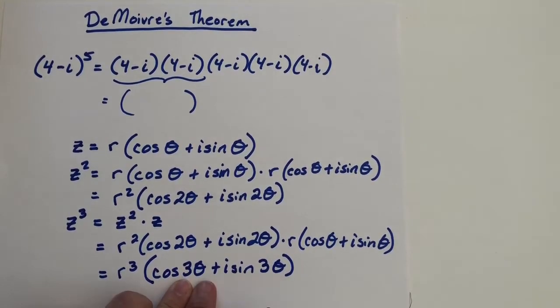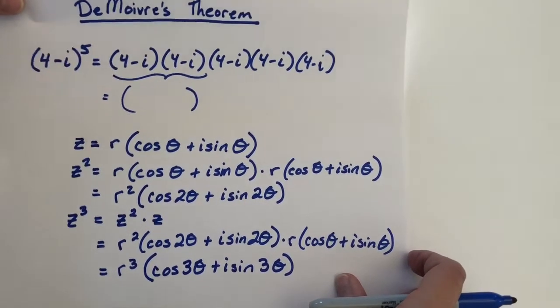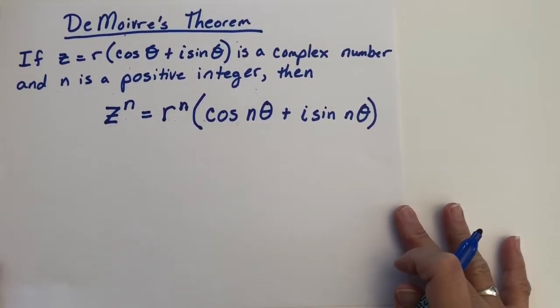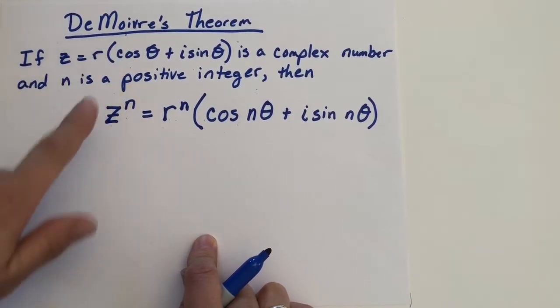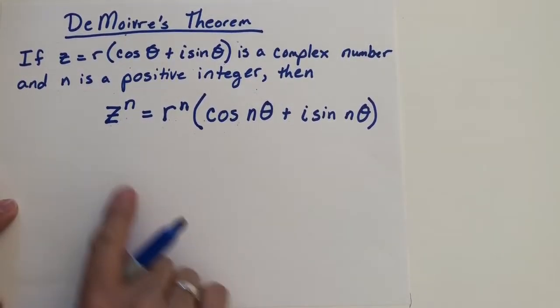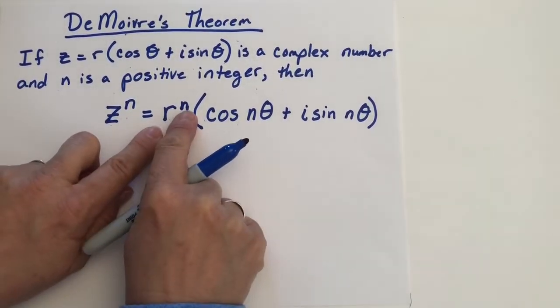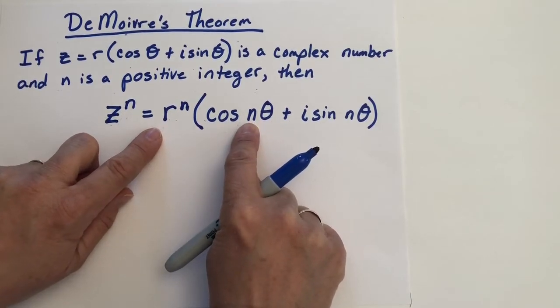And in fact, this is going to be true in general in DeMoivre's theorem. Here's what DeMoivre's theorem says. It says that if you have a complex number, and of course written in trig form or polar form, and we are raising it to a positive integer power n, we can raise the magnitude to that power and multiply the argument by n.